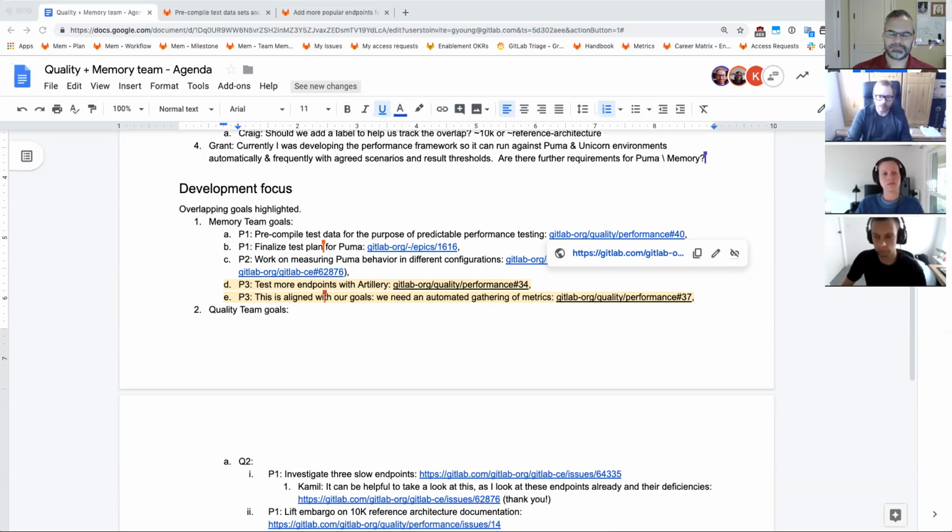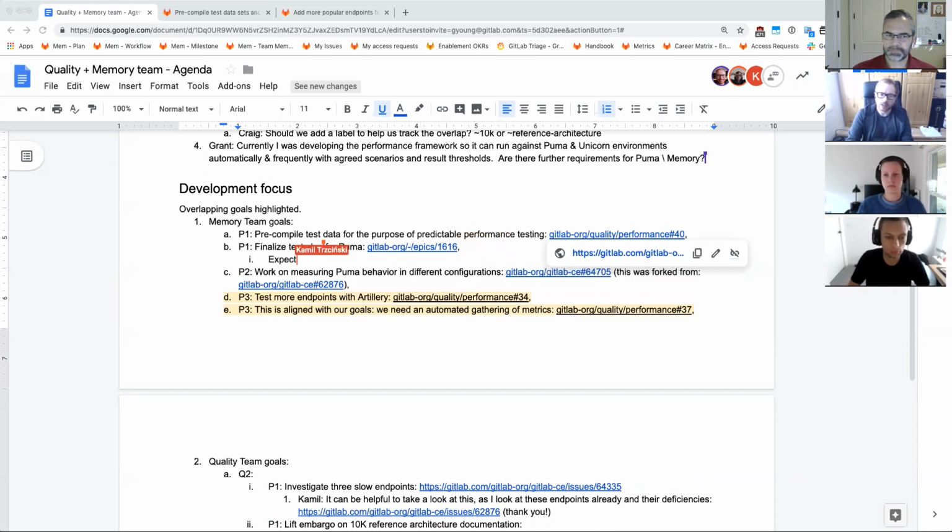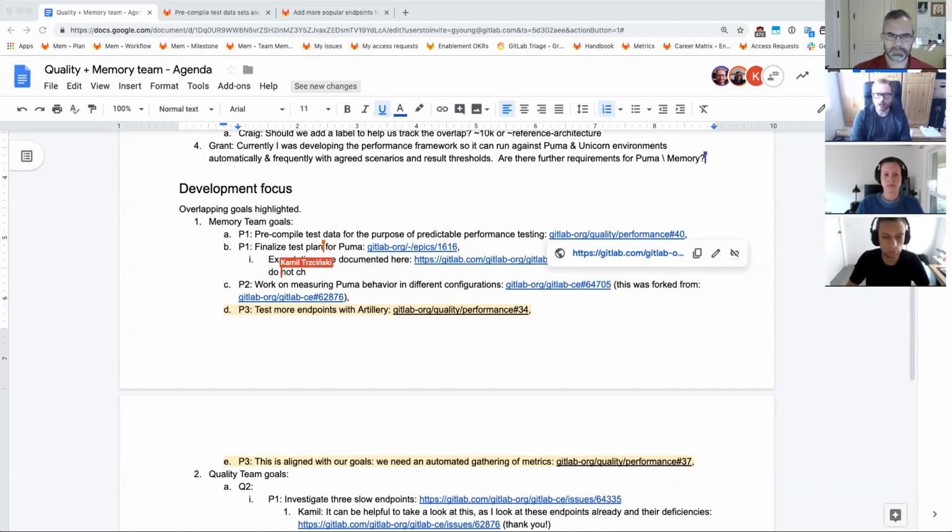Are we just expecting no increased memory usage or no degraded performance, or are we actually expecting a specific performance increase of X%, etc.? That's the kind of stuff that I'm looking for in the test plan, and then setting up the automation framework that we have to run against pre- and post-Puma, and then trying to get those metrics out in such a way that each day we get results and say, yep, memory use this much, or IOs this much, etc.